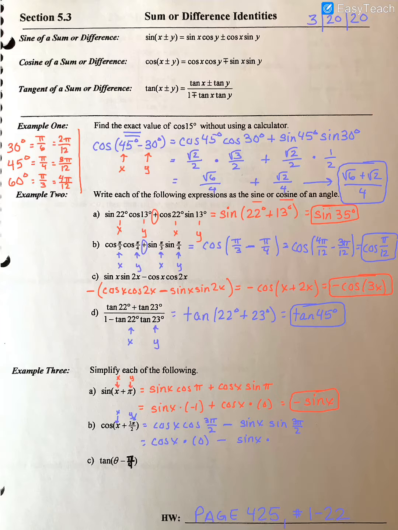The sine of 3 pi over 2, when we go down 1, is going to be negative 1. So clean this up. Cosine times 0 is gone, it's 0. Negative sine x times negative 1 is going to be positive sine x.